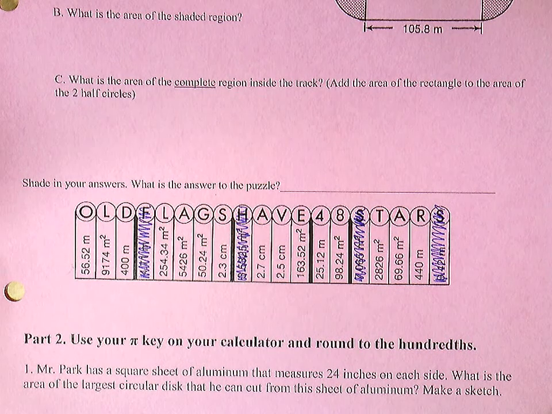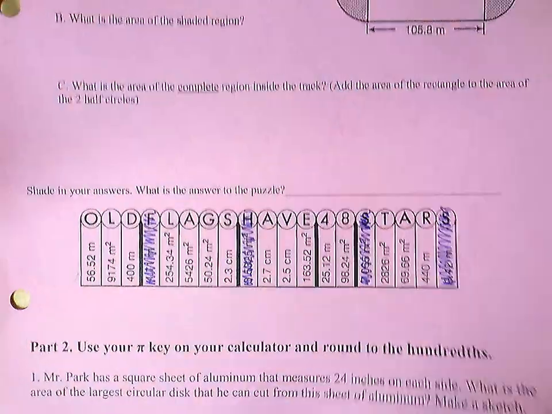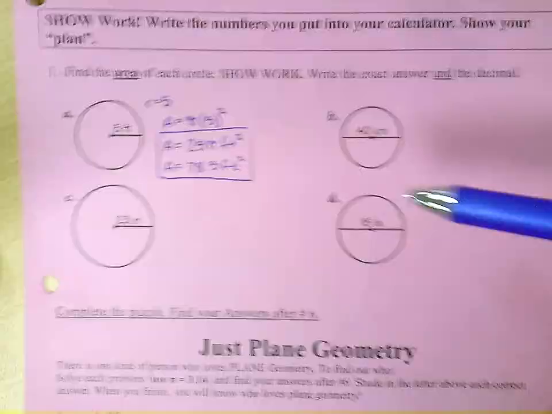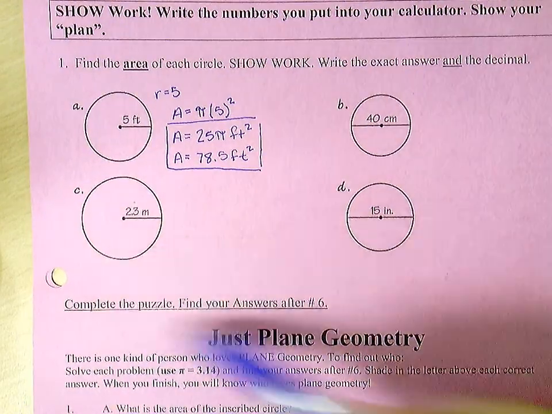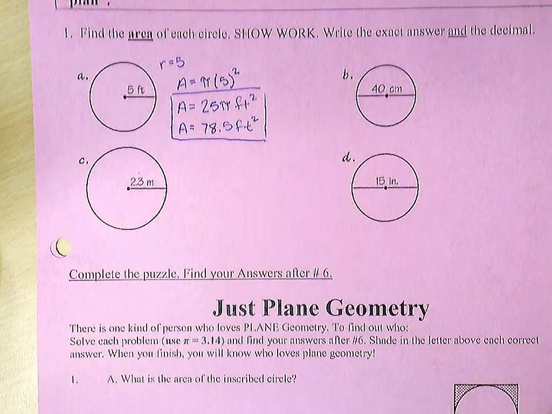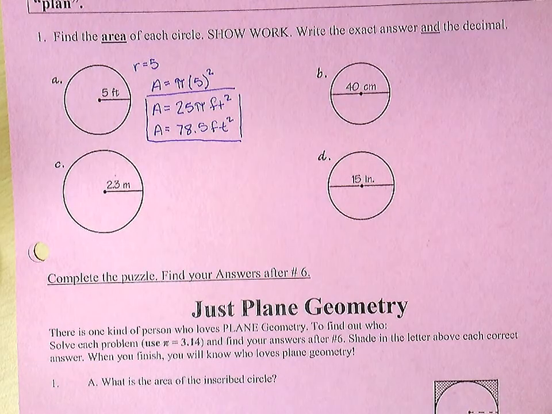Okay, questions on area of a circle? Then I do want you guys to continue practicing. So going through each of the problems, start from this section and then go on. I do need you to be working on this. It will be due tomorrow.